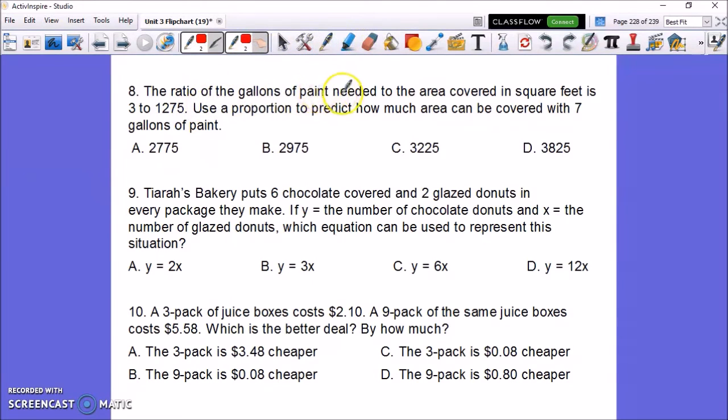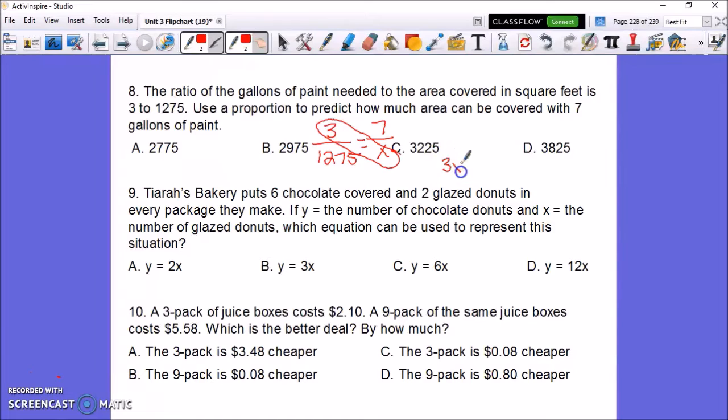The ratio of gallons of paint needed to the area covered in square feet is 3 to 1,275. Use a proportion to predict how much area can be covered with 7 gallons of paint. All right, so if we know 3 to 1,275, we need to set a proportion where gallons are on top. So we're going to put 7 gallons on top and X. And then we're going to cross multiply.